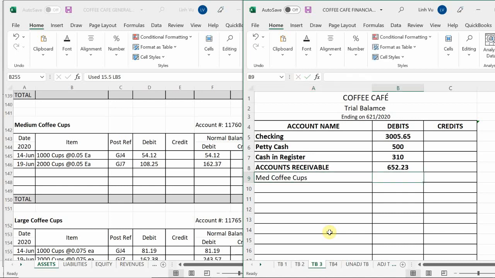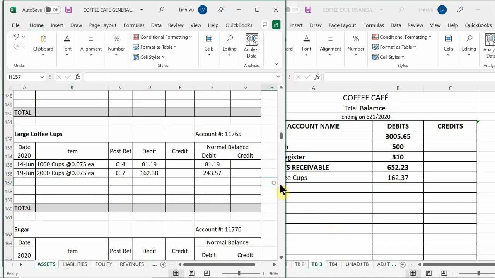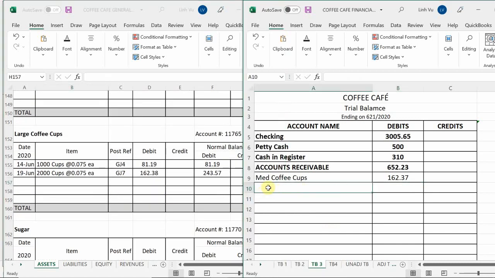Coffee cups, 162.37. We got large coffee cups, $243.57.